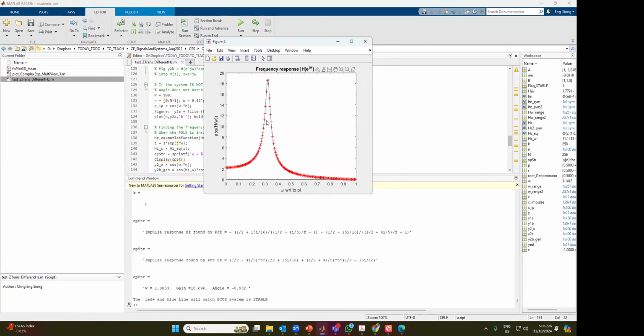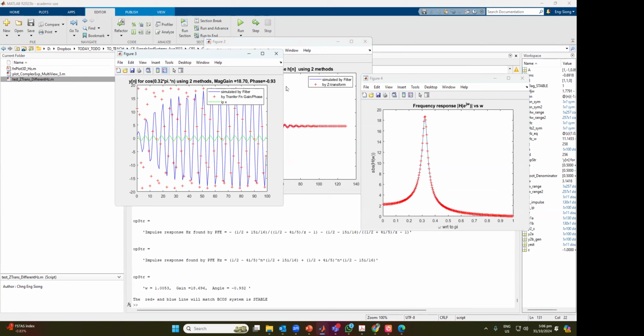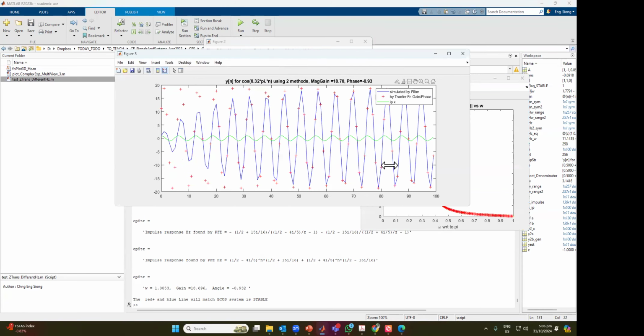So at 0.32 pi, the gain is about 18. It's so hopeless to see, but you can see the green is 1 and it's about 18 times. And it's hopeless because the higher the frequency, it's very hard to observe the cosine very well.